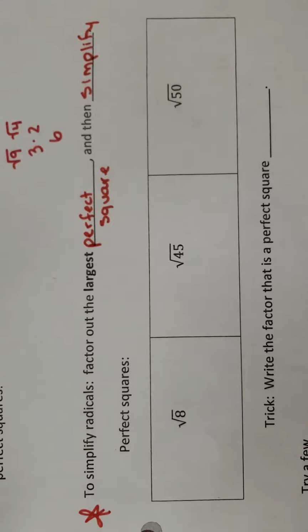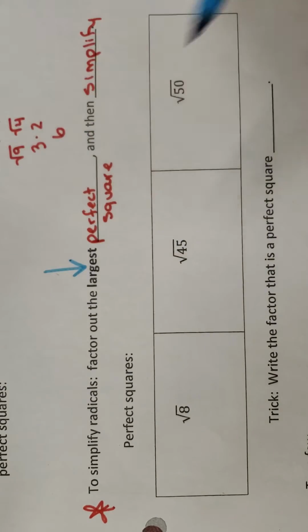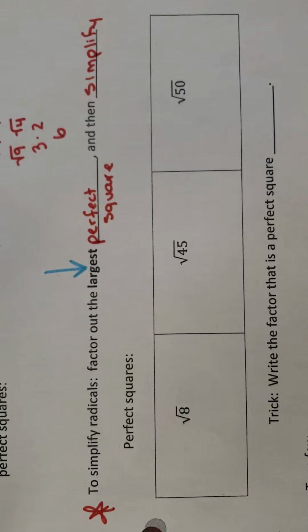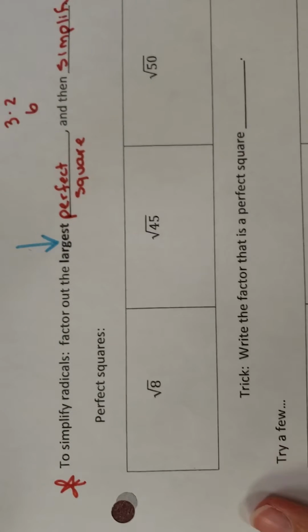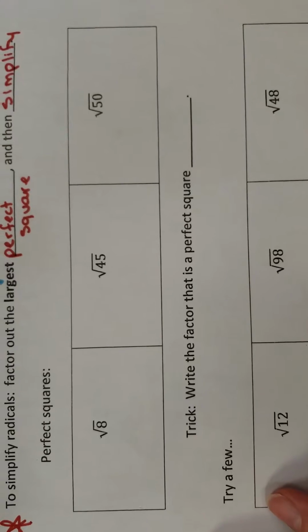And I will walk you through several of these. But before we continue, it is important that it is the largest perfect square, and it's also important that the factor is a perfect square, not just any old factor. So let me explain what I mean by that.